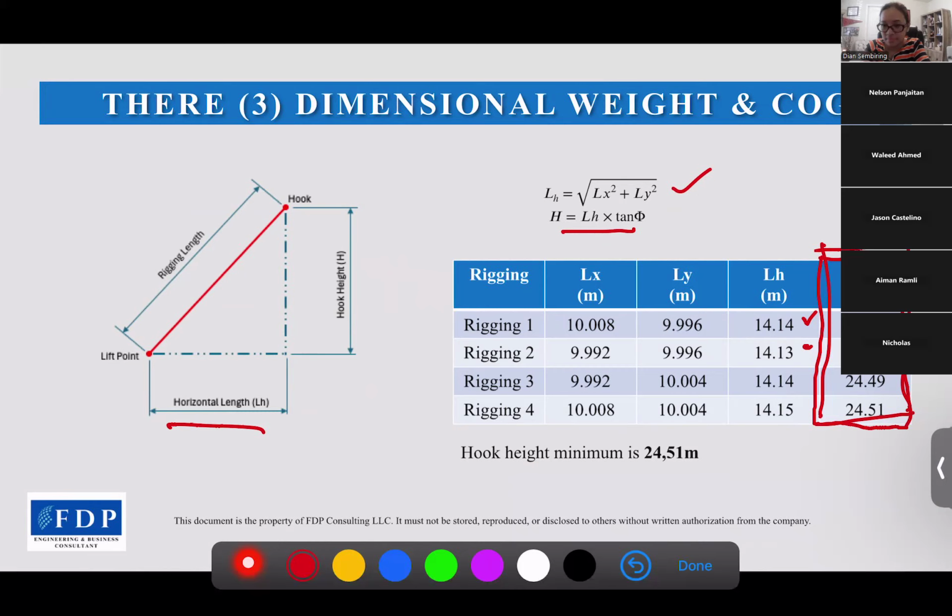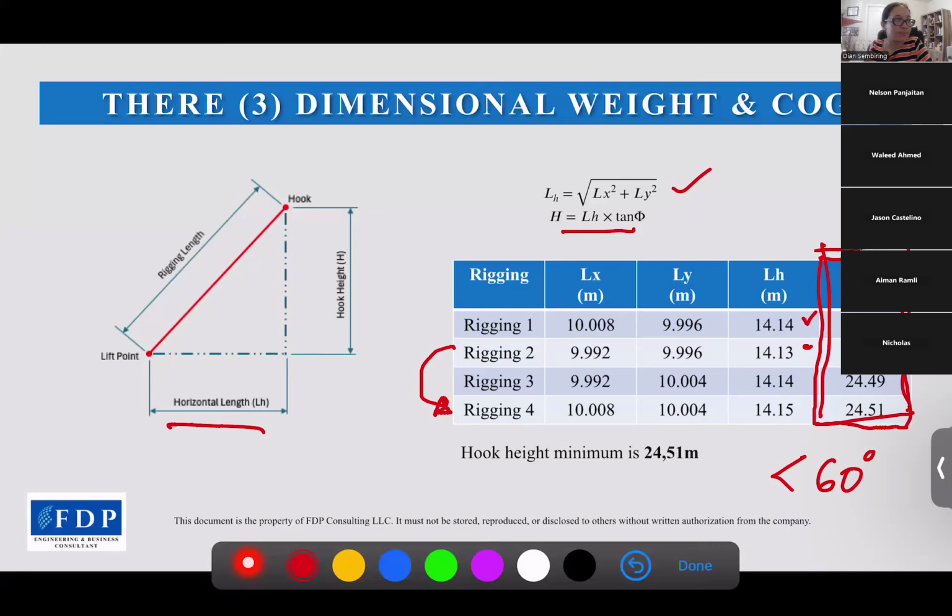The minimum hook height is the highest height of the rigging, because if we use the minimum, for example, the 24.47 meters height we have here as our reference to design this rigging, the angle of this rigging will be less than 60°, and it does not meet the requirement that the allowable angle is 60°.